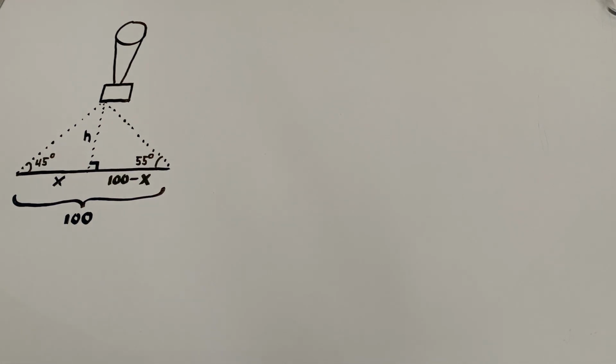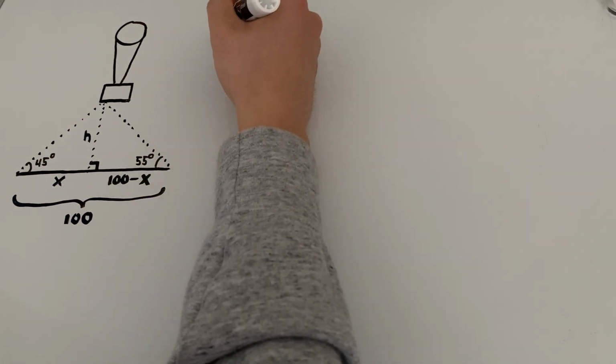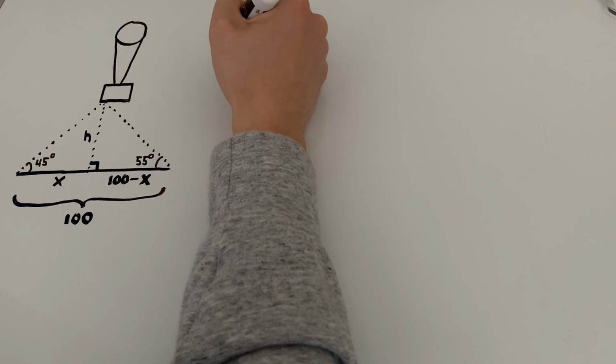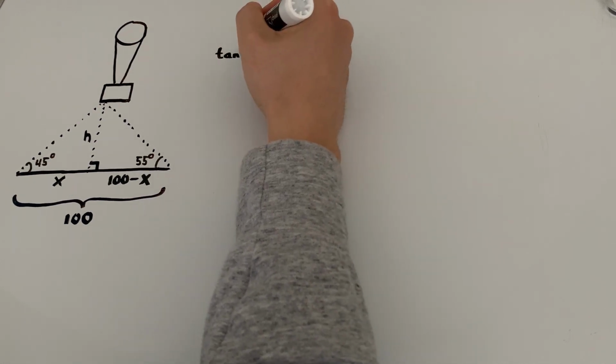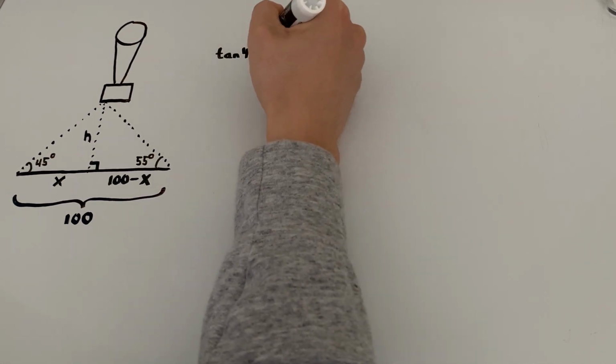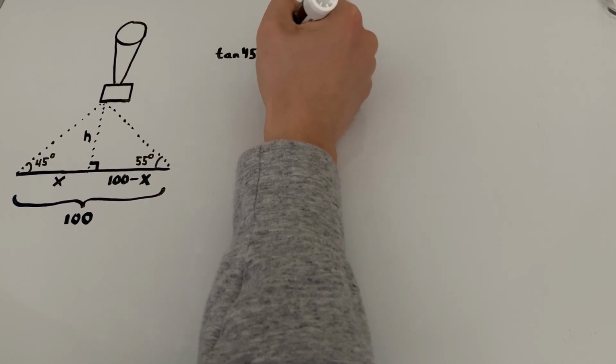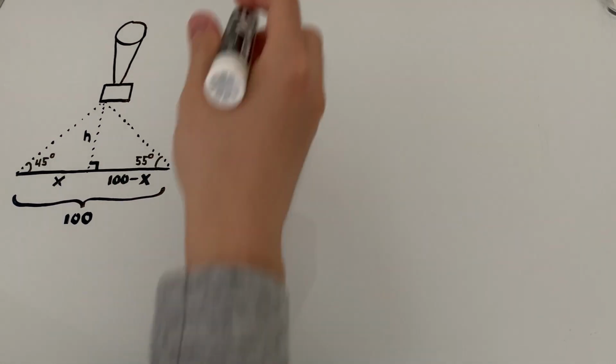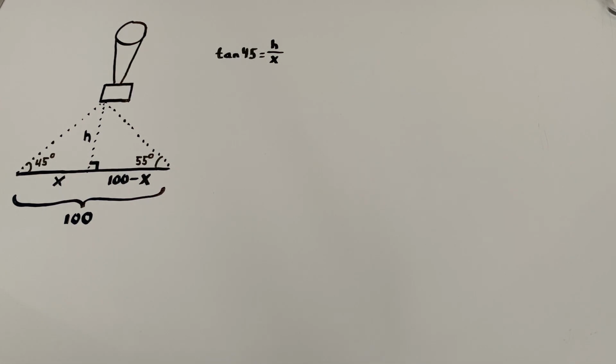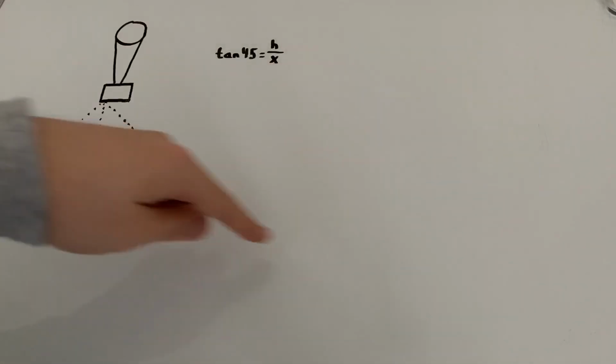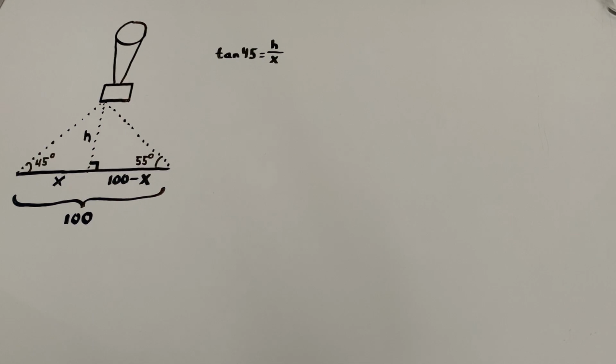So now let's rewrite everything in terms of trig ratios. So using this 45, we can relate it with h and x using tangent, because remember, tangent 45 is equal to opposite h over adjacent x. You'll notice I left a lot of board space here because we're going to need it.